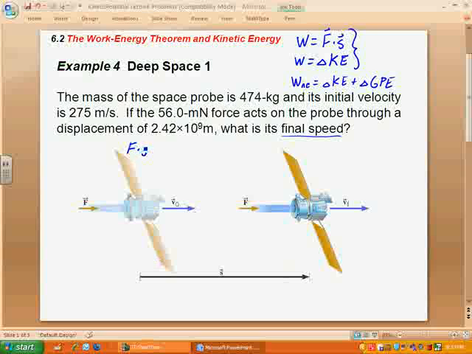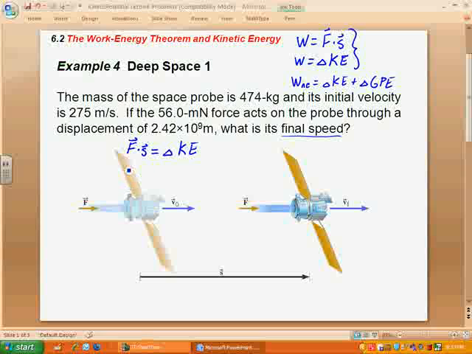But work is also equal to the change in kinetic energy, and kinetic energy relates the mass and the velocity, which we also have. So we have the force and the displacement to get the work, and the work is also related to kinetic energy, so mass and velocity. Let's put these numbers in.